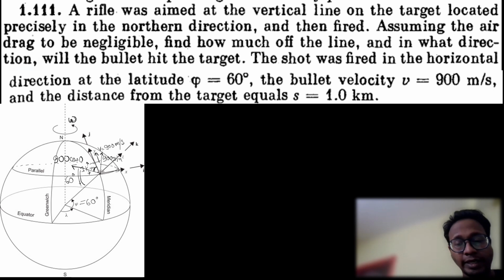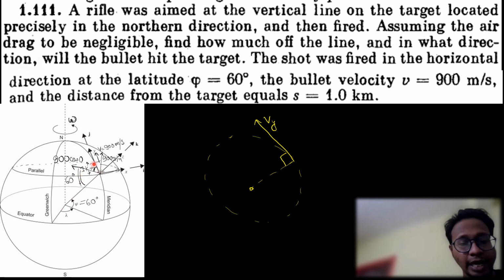So in a circle, if one line is tangent, that means this is Vy or 900 meter per second, and the other line passes through the center, that means this line and this line are 90° to each other. So the y-axis and this line are 90° to each other.